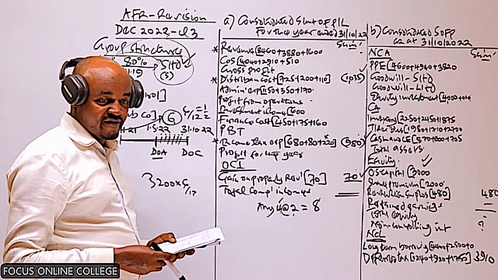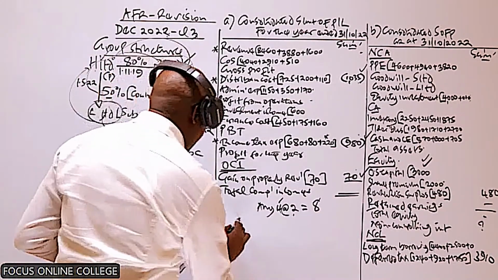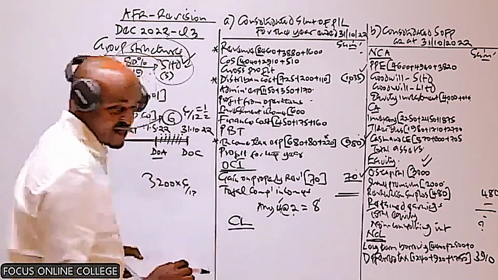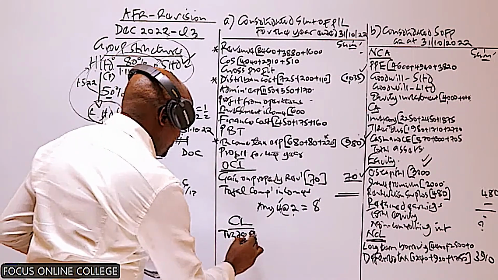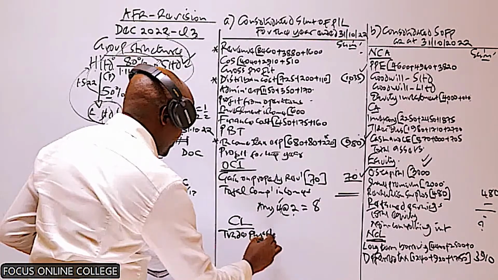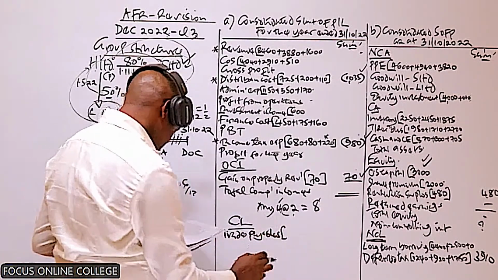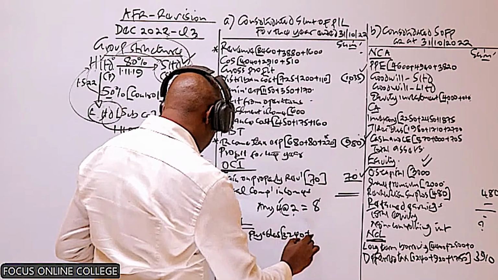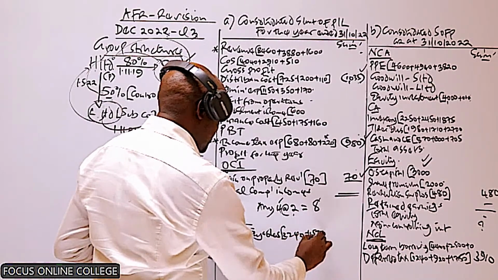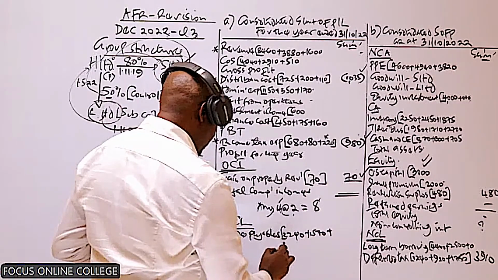Okay. So finally we have the current liabilities. For the current liabilities, we have the trade payables: 2240 plus 1570 plus 23.